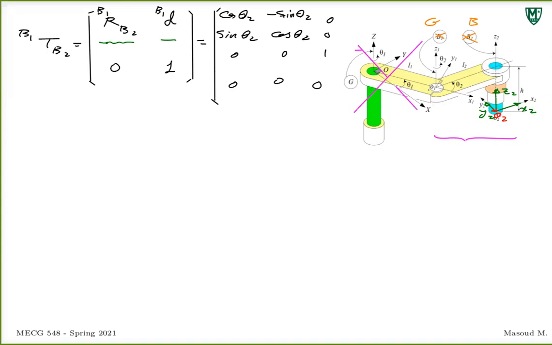So where is it? This is in three-dimensional space. You can find the projection of that in the XY plane. That's where it is. This length is L2. So if you decompose this, in this direction, this becomes your L2 cosine theta 2. This is your L2 sine theta 2.